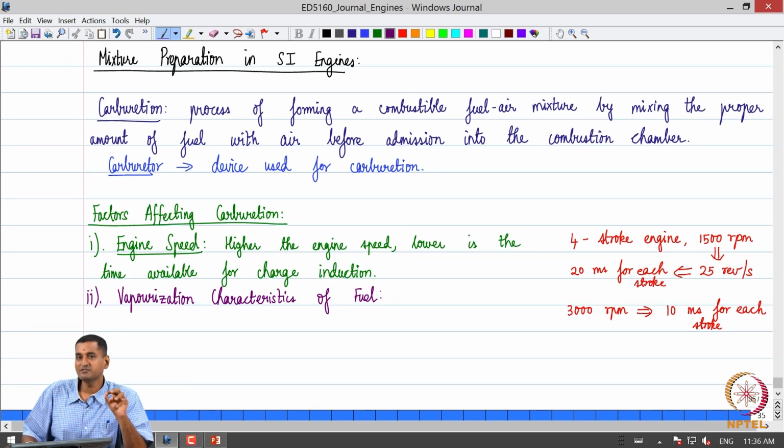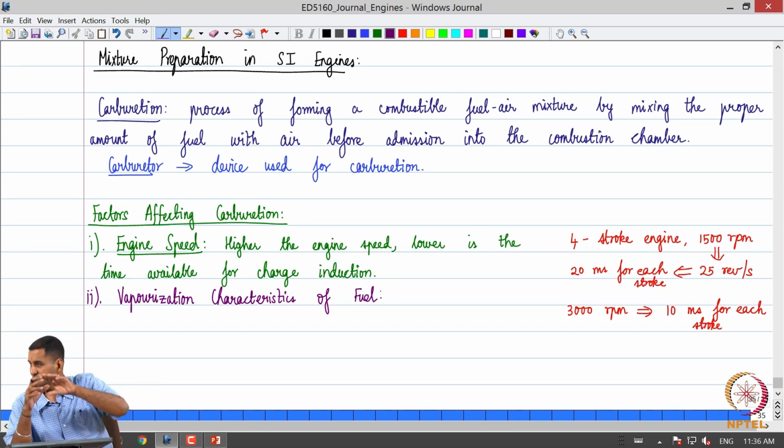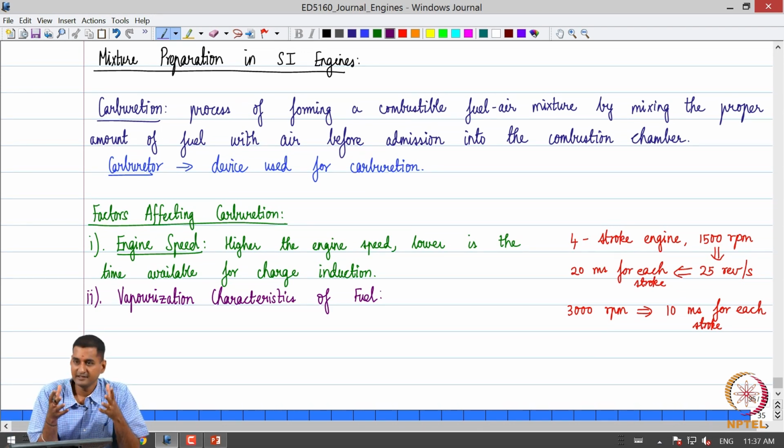But when I introduce the fuel and mix it with air, the fuel should first atomize, that means we should break larger droplets of fuel into finer particles, and then those particles should vaporize and mix with air. Then only will we get a nice homogeneous mixture of fuel and air in the combustion chamber. So, the vaporization characteristics of the fuel become very important when we look at the process of carburation.